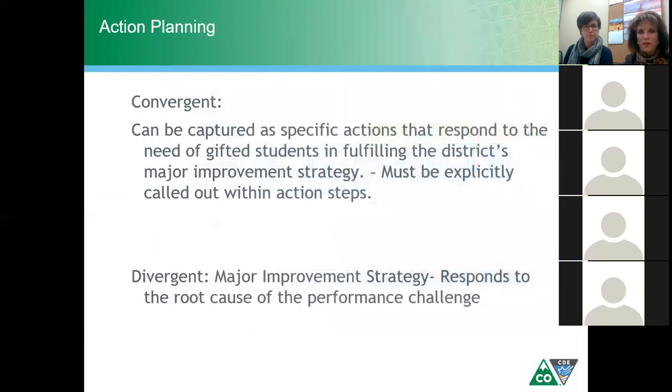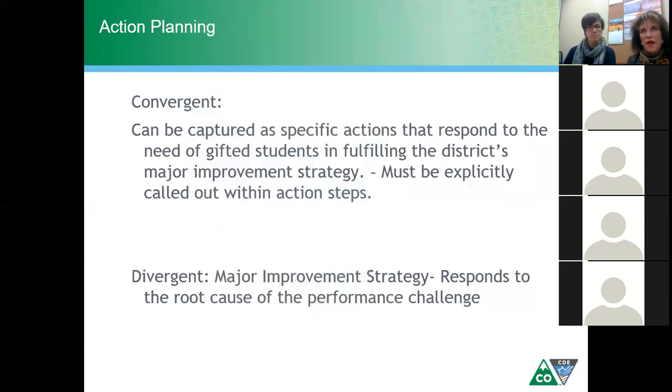Okay, so again, the action steps when they're convergent will respond to the gifted needs of students, but again, they need to be explicitly called out.